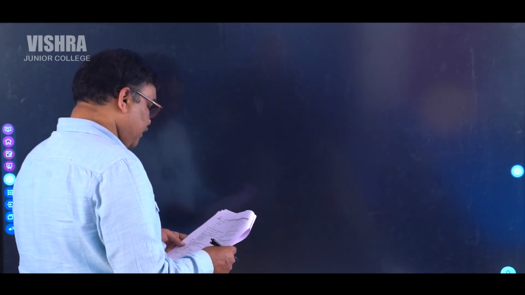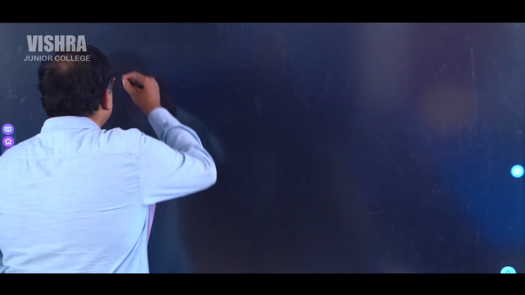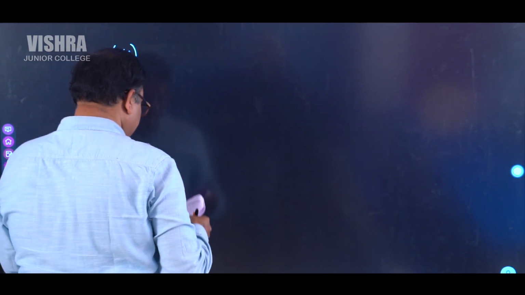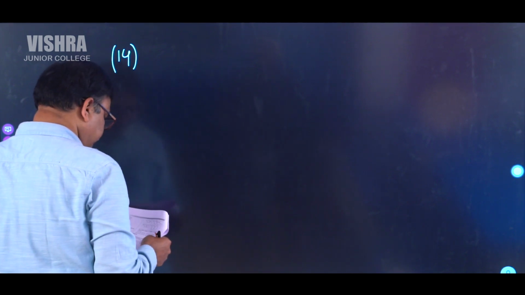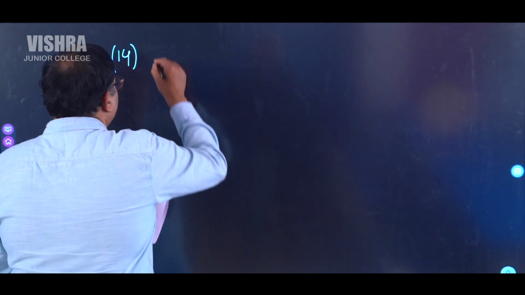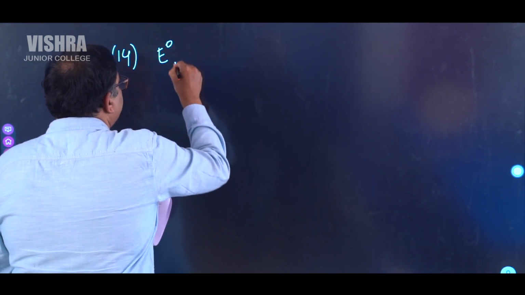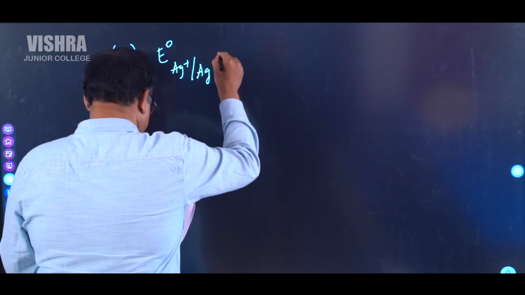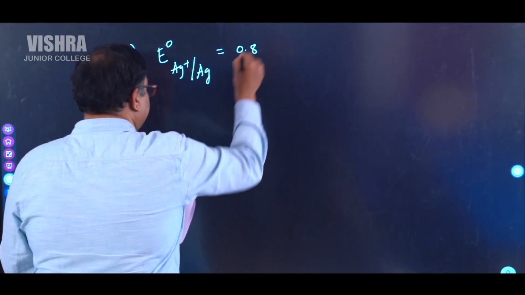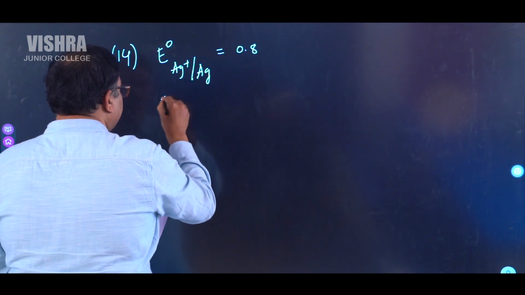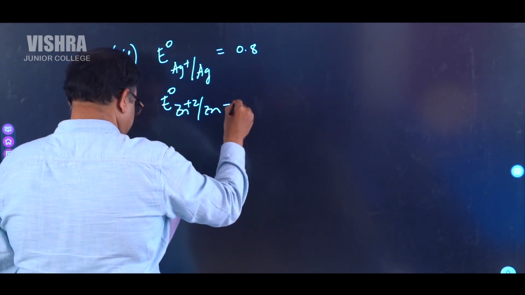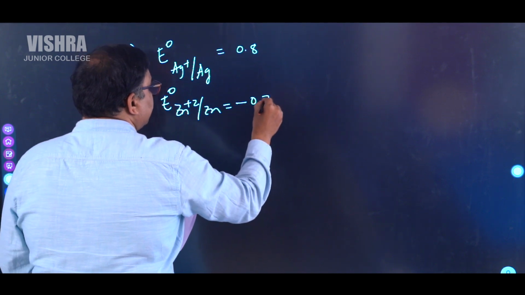Question number 14. So in question number 14, E0 of silver with silver is given as 0.8. E0 of Zn2+ with Zn is given as minus 0.76 volt.